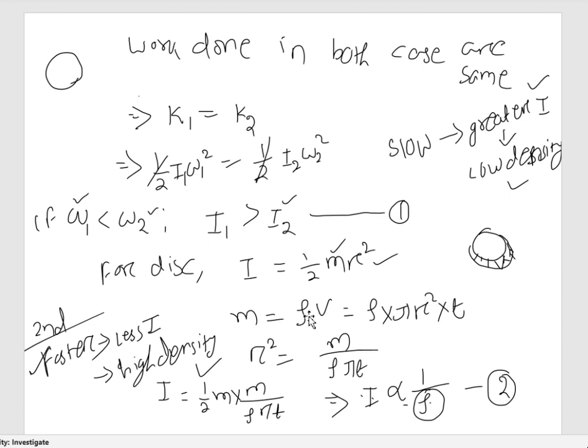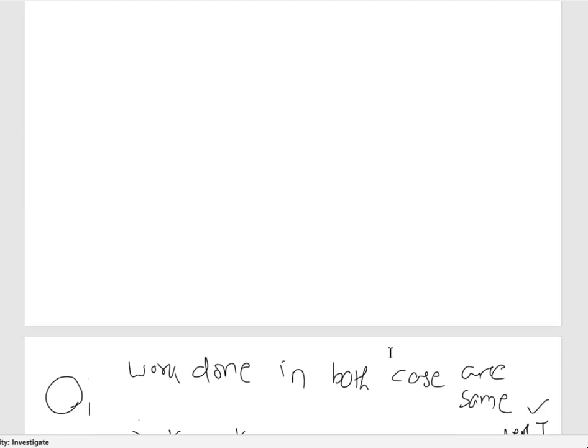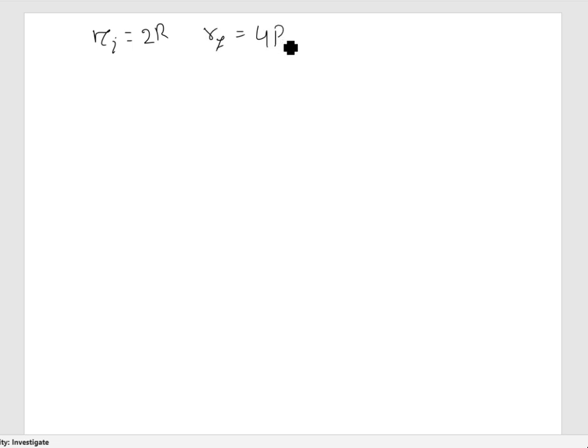Let us bring one more page. Now I'll write here for solving this question. I write r initial, which is 2 radius, and r final, which is 4 radius. The change in potential energy will be P final minus P initial. The potential energy formula is G M m by r.